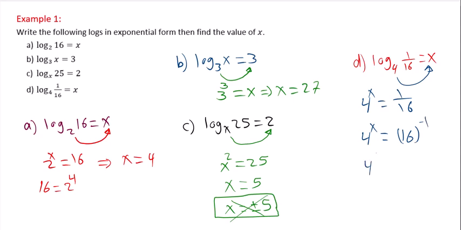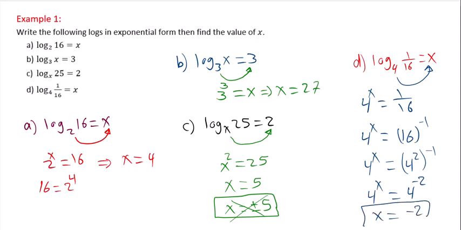And 16 itself can be written like 4 to the power 2, all to the power of negative 1. It means 4 to the power x equals 4 to the power 2 multiplied by negative 1, equals negative 2. It means x equals negative 2.